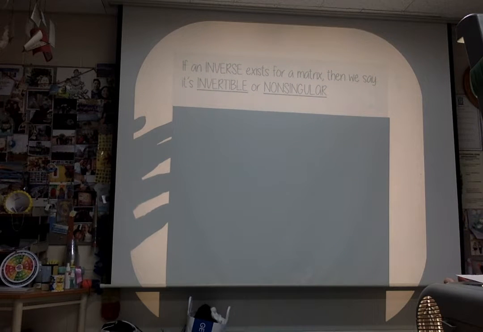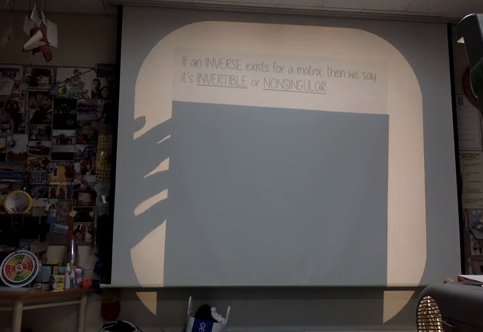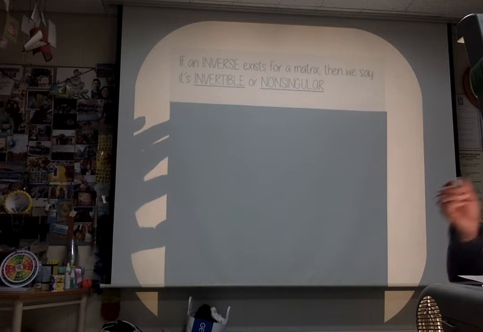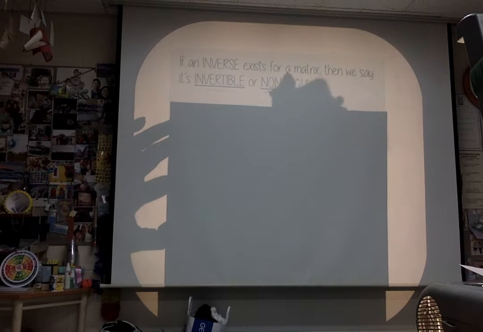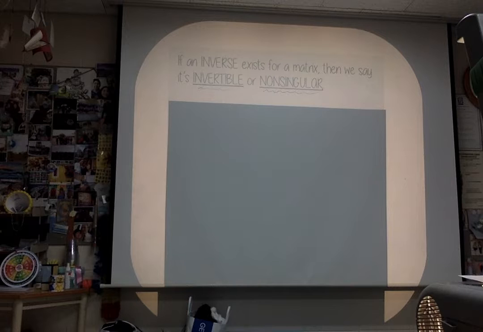If an inverse exists, you remember how I talked about whether it does or does not have an inverse? Well, if an inverse exists for a matrix, then we say it's invertible or non-singular. Invertible means it's an invertible matrix, which means that it has an inverse, okay? Or we can say non-singular, right?